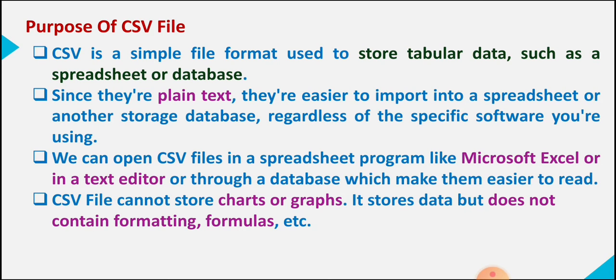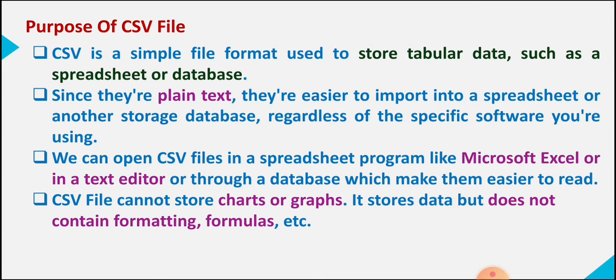So if we want to store the data in table format, then we can use CSV files. Since they are plain text, they are easier to import into a spreadsheet or another storage database.